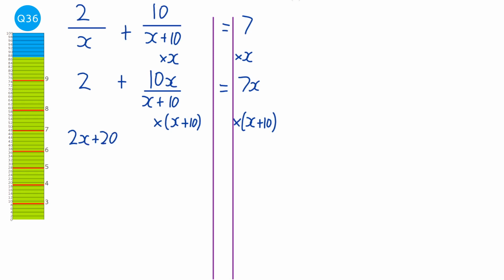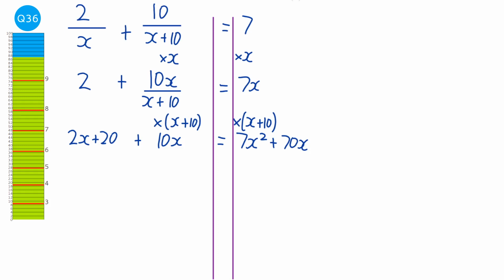Then it's going to be 10x, because the times x plus 10 just gets rid of the denominator. And then here, let's try and expand this as we go. So we do 7x times x, which is 7x squared, and 7x times 10, which is just 70x.